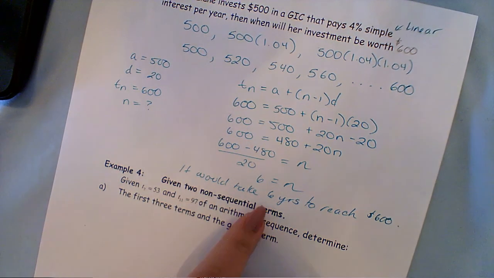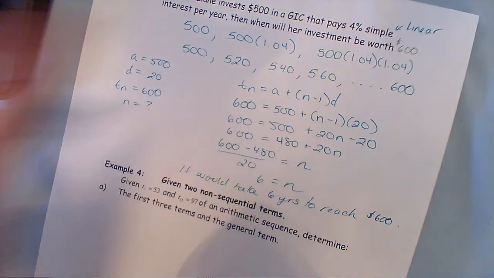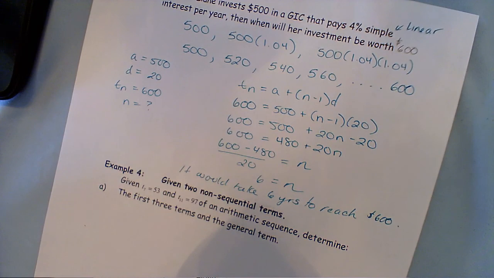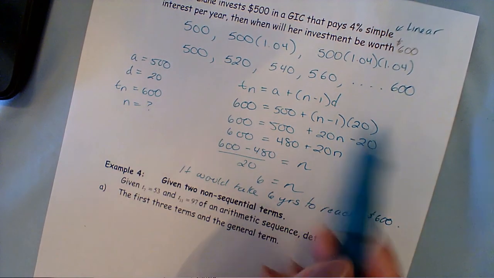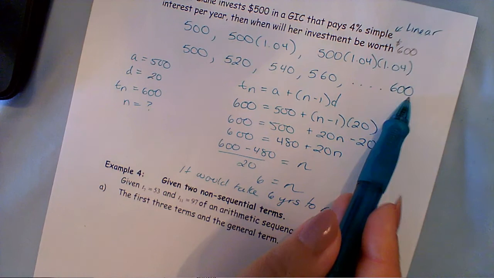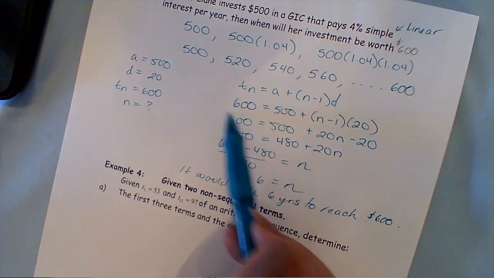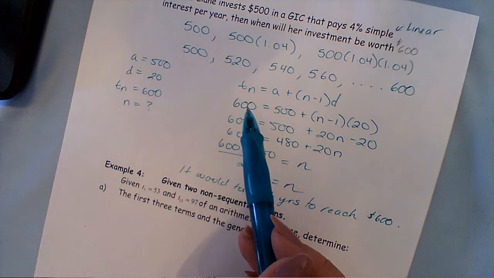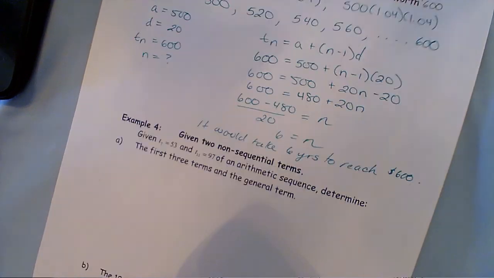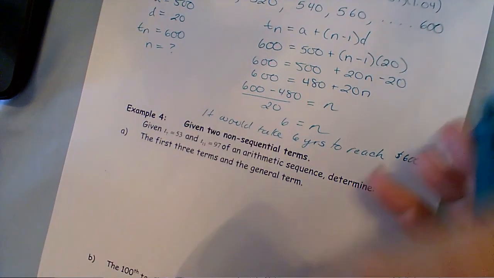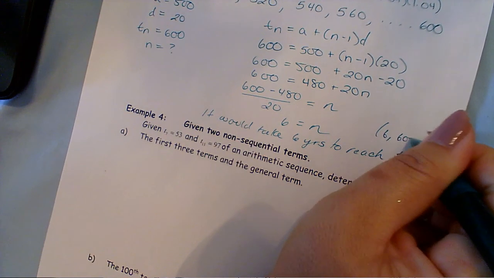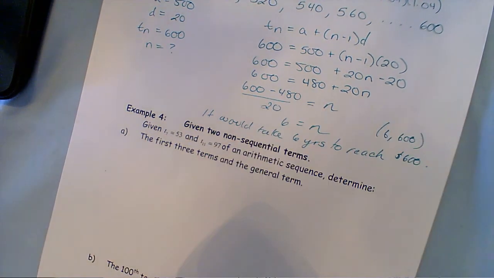That's what that tells us. The 6th position, and each position is a year. So 6 years. So that's how you use the general term when you know a particular value and you want to know when does it occur, right? You can rearrange by putting the value in the value spot, which is Tn, and rearranging for n. So that means 6, 600 is a point on that graph. That's really what we found.